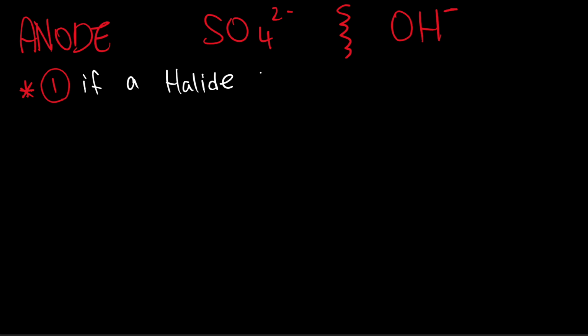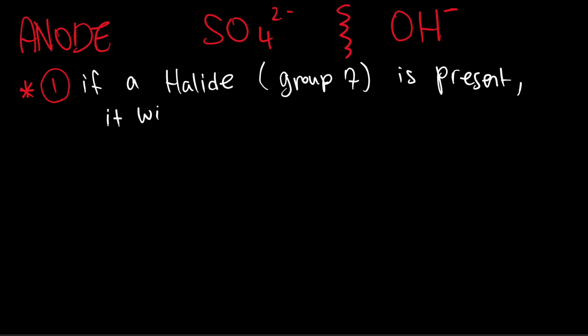Now if you know the periodic table, you know halide is group 7. So think of this as priority 1. If you have a halide, it will always be the one getting discharged first.